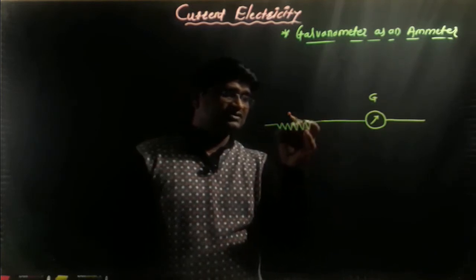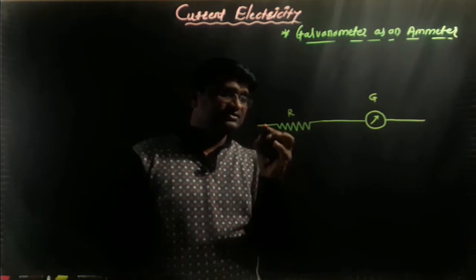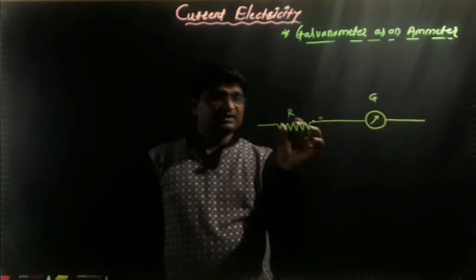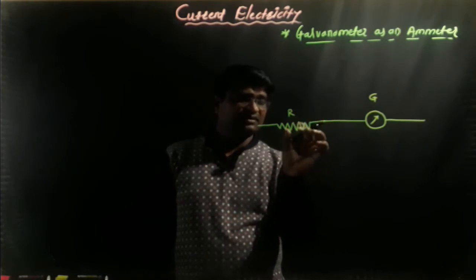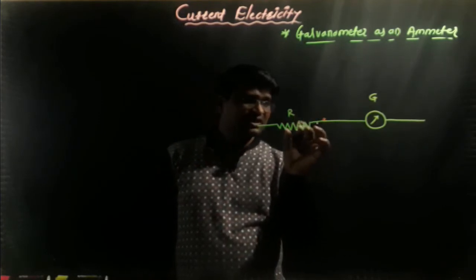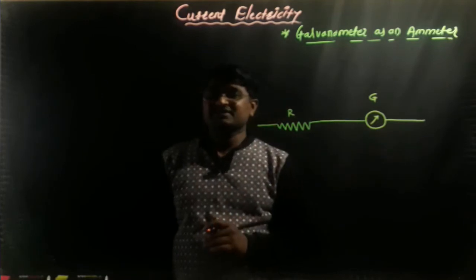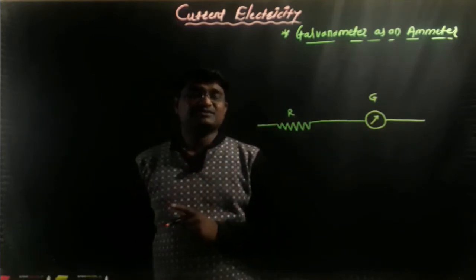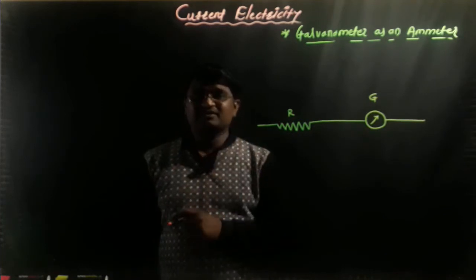Okay, it is a resistance R, imagine that, and this resistance is connected in series with a galvanometer. You remember that if the resistances are connected in series, it decreases their resistance.